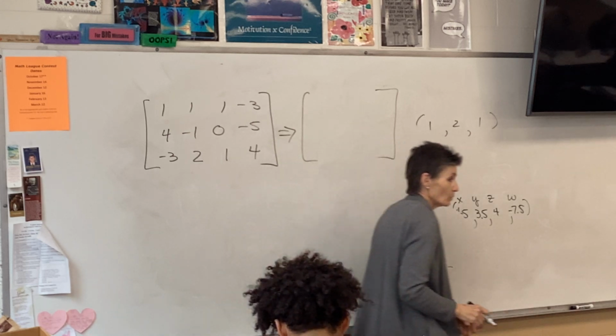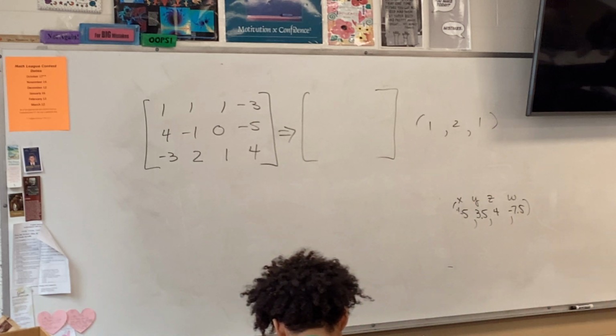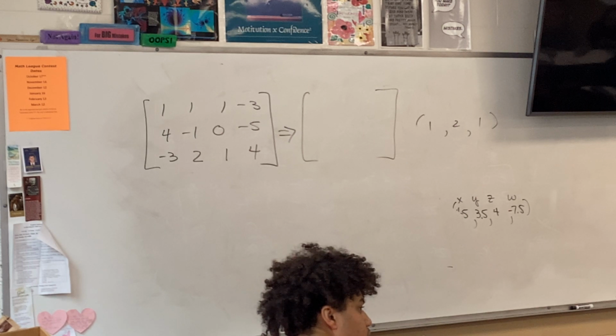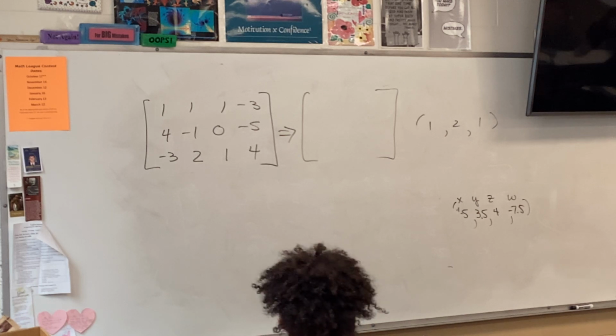All right, and I'm gonna do a quick calculator check. Okay, if you're gonna continue to use that calculator, you gotta know how to use it, okay? So you figure that out.